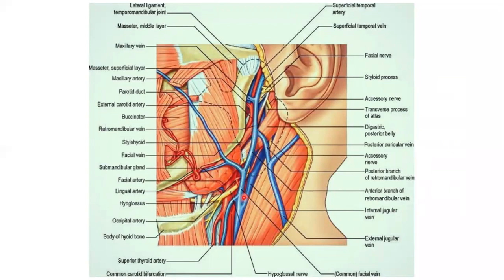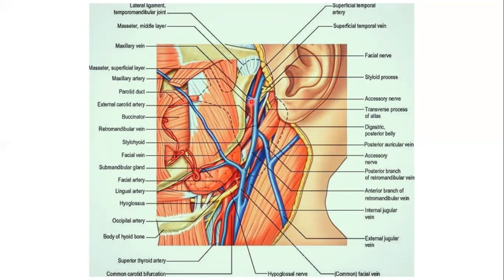Over here, so I told you, this is a very good picture. This is the layout of our parotid gland, and here at the apex this emerges. These are the anterior and posterior divisions of the retromandibular vein. This is the retromandibular vein, and here's how it is formed.